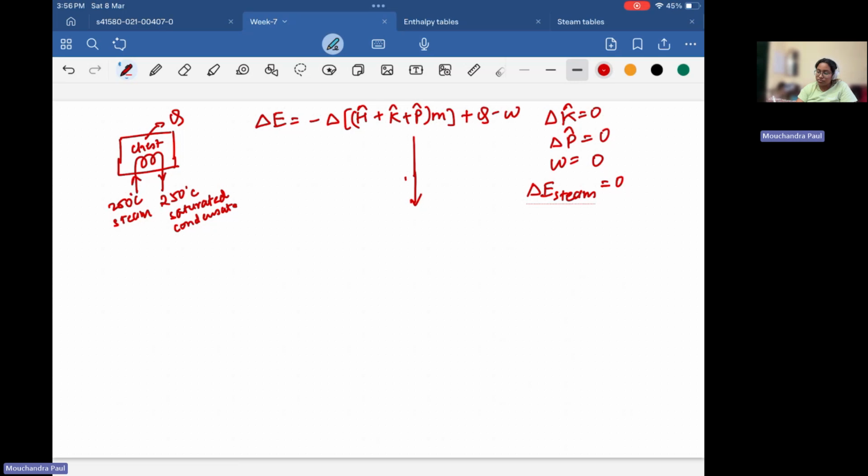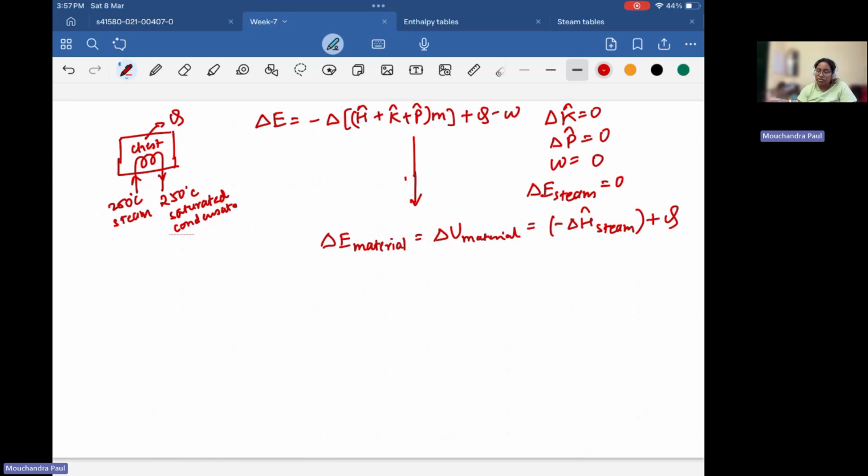So because of this, the equation changes to delta E of the material, which is equivalent to the change in the internal energy of the material, equals minus delta H, here also enthalpy is involved, so this is the enthalpy of steam, and Q. Q is the net heat that is getting lost.